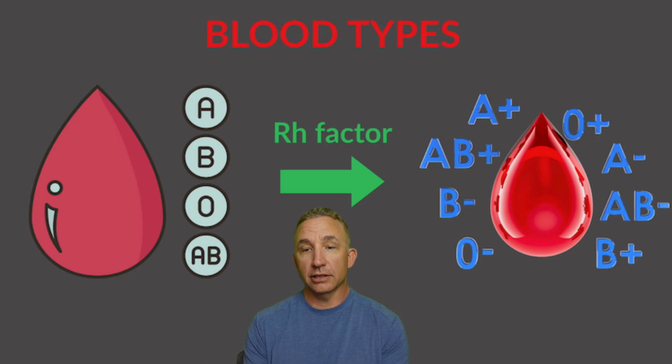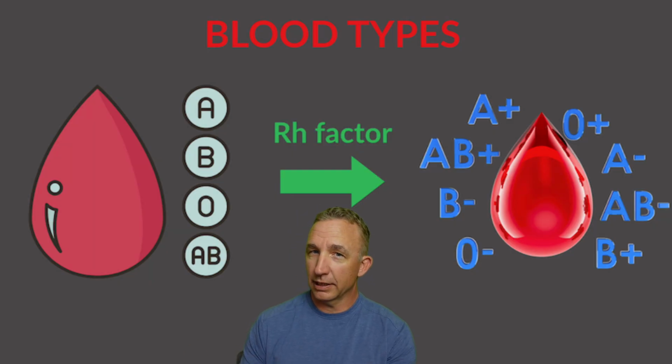So there's no antigens on the cells to attack it, because O has neither A nor B, and negative has no Rh factor. It's really rare, less than 10% of the population, so we often see that the medical field stores this.